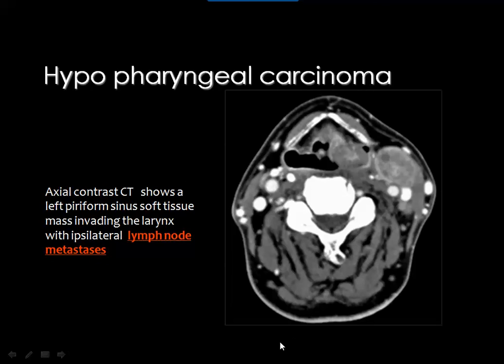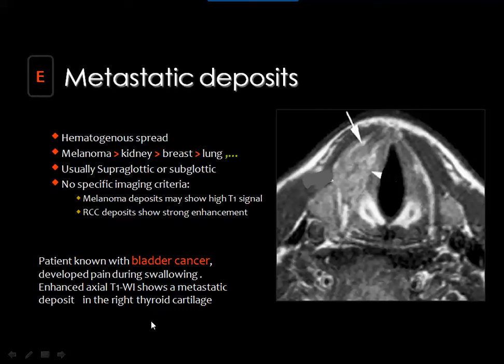This is a common occurrence in the clinical practice, to see a malignant tumor, especially in the hypopharynx or in the thyroid, invade the larynx. And this is the hypopharyngeal carcinoma infiltrating the left piriform sinus, and this is the metastatic lymph node deep to the sternomastoid muscle. These are also lymph nodes metastatic.